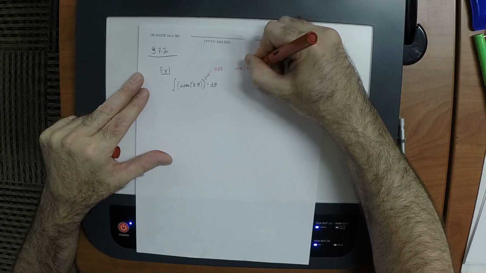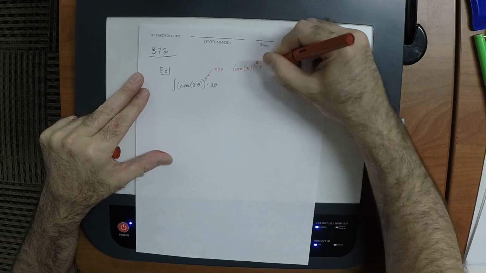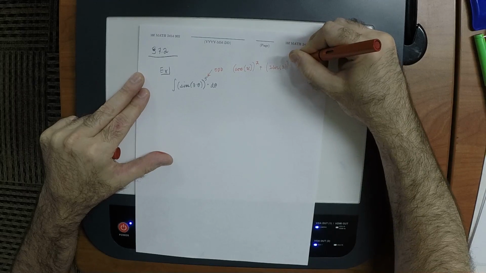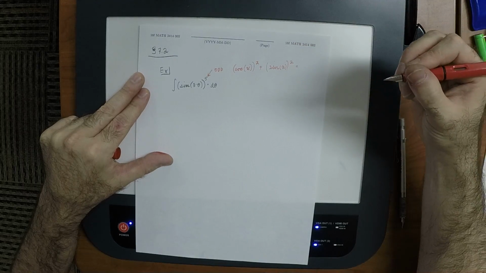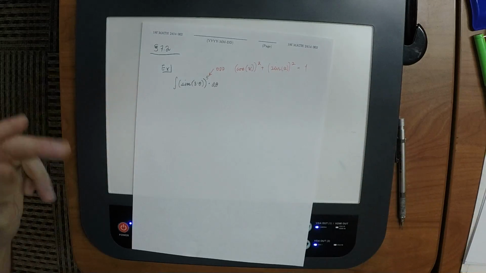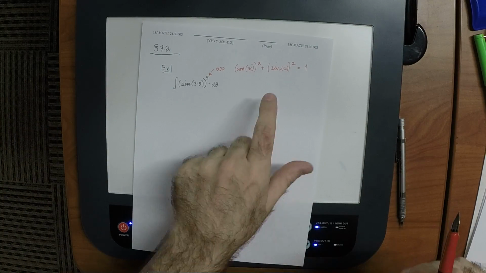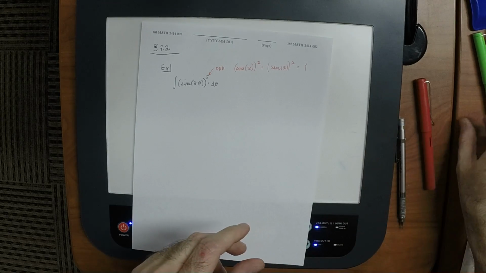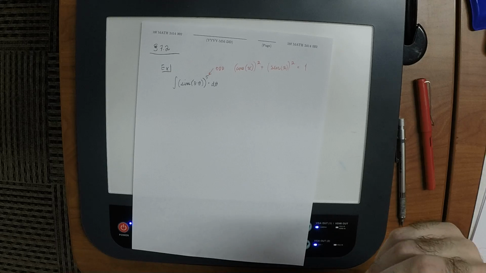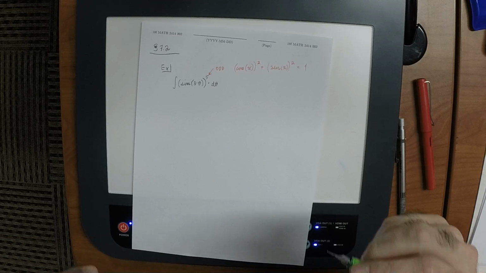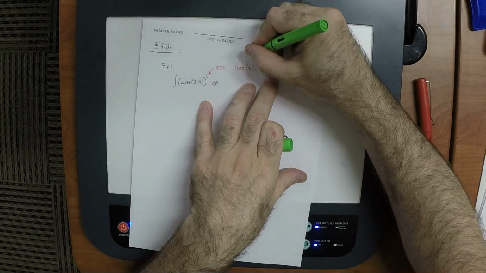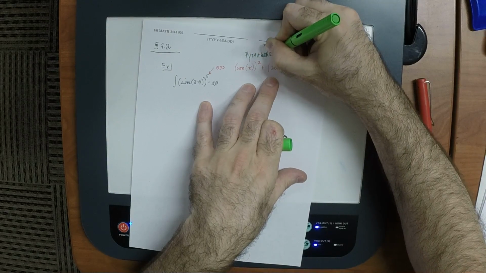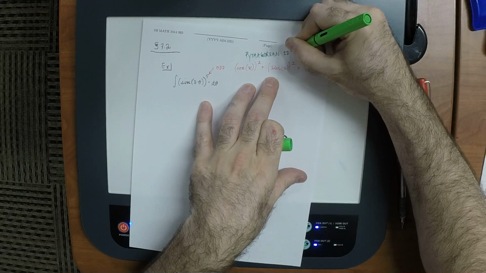The cosine of x squared, plus the sine of x squared, is equal to what? 1. And so that we can refer to this by name, what is the name of this? Ah, I see that we don't know it. This is called the Pythagorean identity.